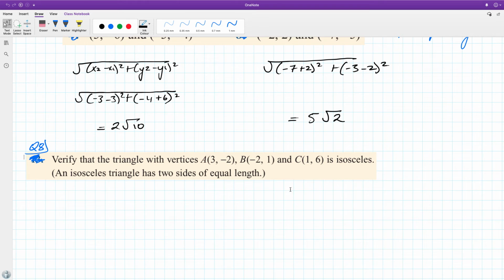No, if you figure out two and they're the same, that's all you do. Which two do you reckon? If you can't spot it, figure out all three.